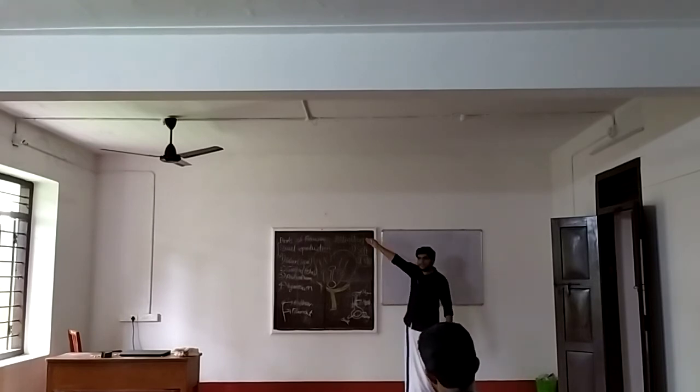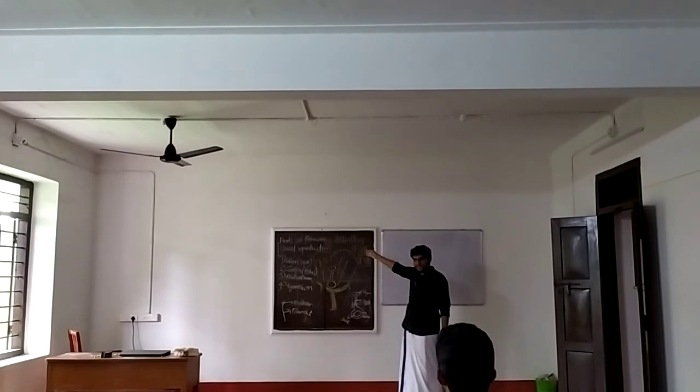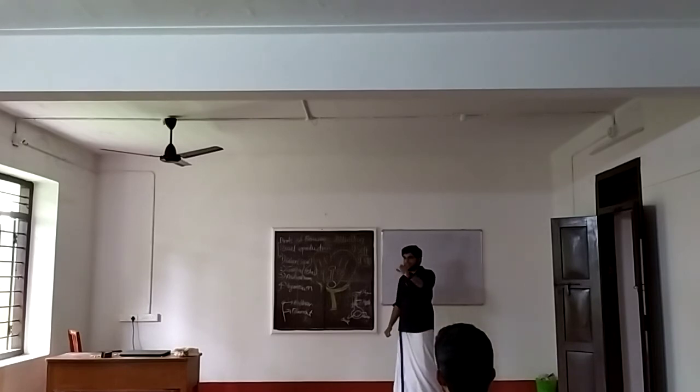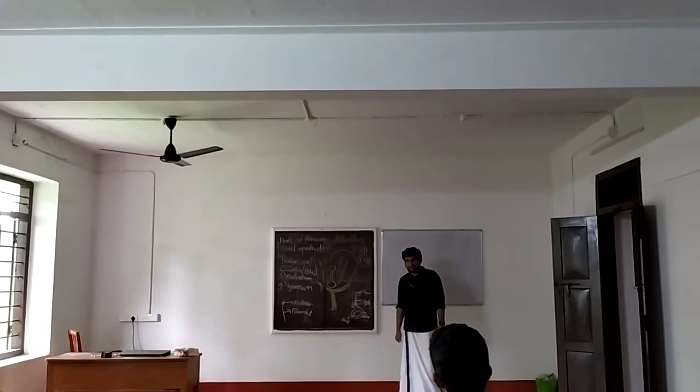Okay. What kinds of pollination are there? Self pollination and cross. What is the difference? Marina, can you tell the difference between self and cross? In self pollination, it happens in the same flower. Cross pollination is between different plants but of the same species.